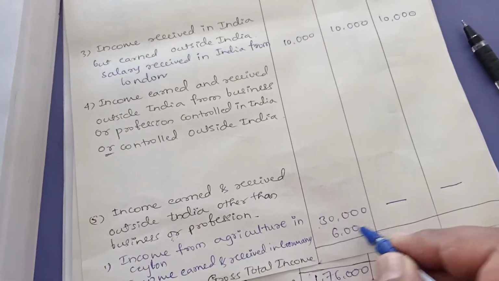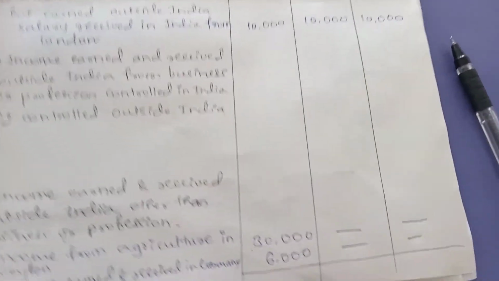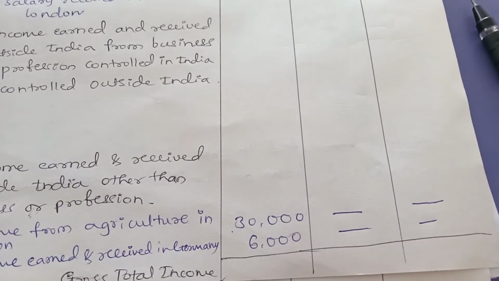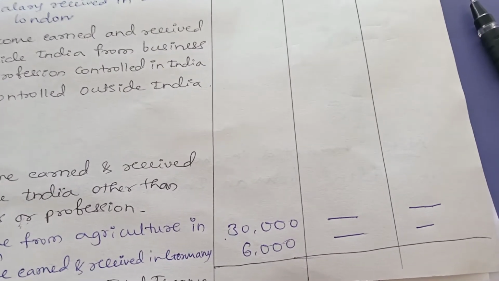So in the last head of income we are going to write only for the ordinary resident. The next two will not be taxable. Okay, go through the next item.